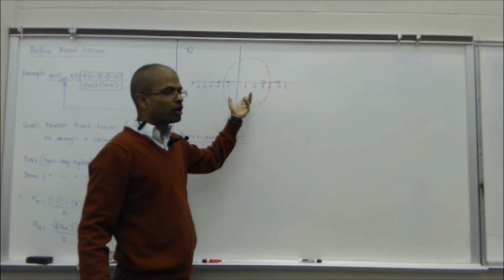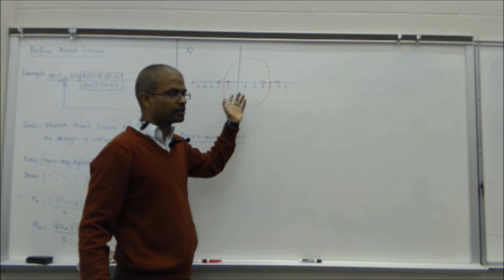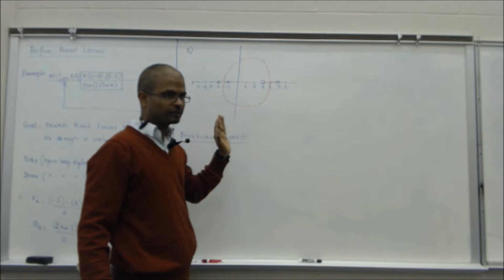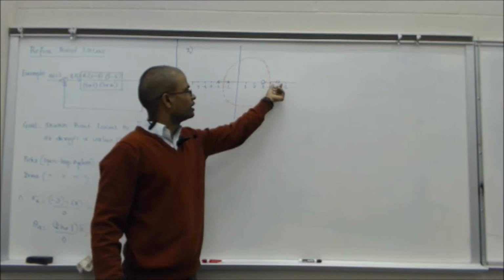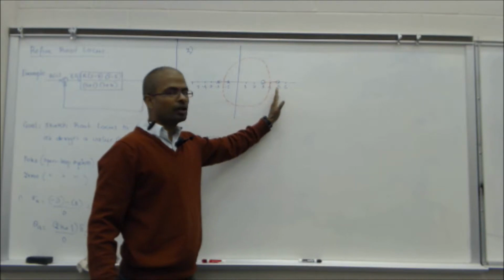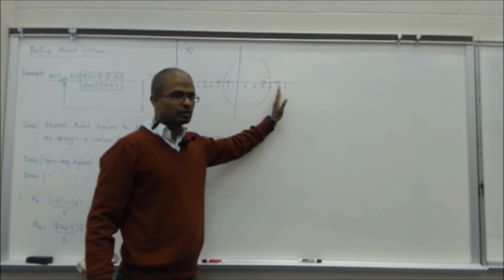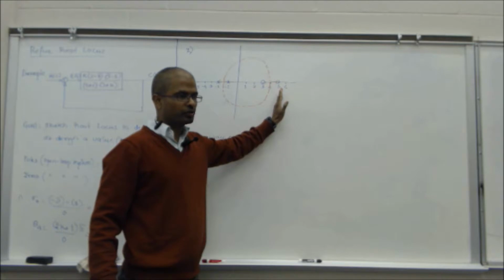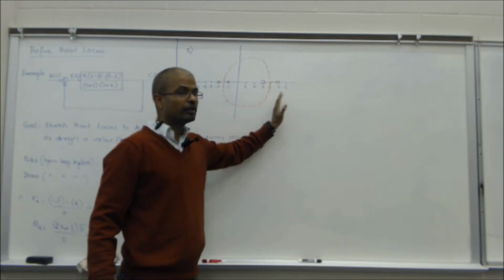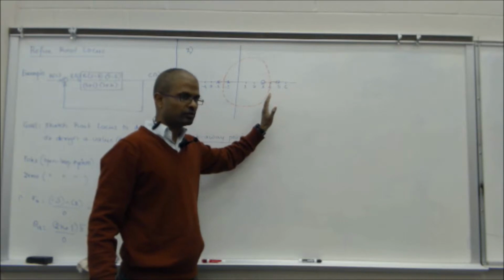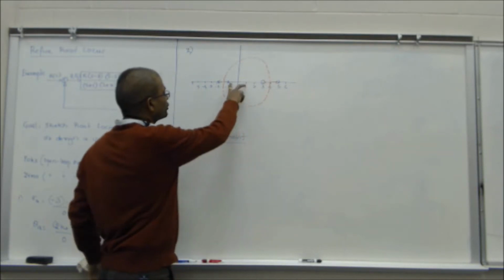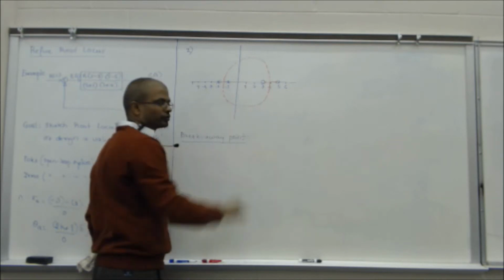It says root locus exists to the left of an odd number of poles and zeros. So if you look at this, to the left, until this point, there's just 1 zero, which is an odd number. But after this point, there are an even number of zeros, right? 1 and 2. So from this point to this point, there are an even number of zeros.